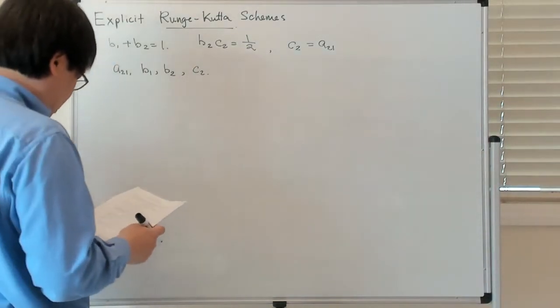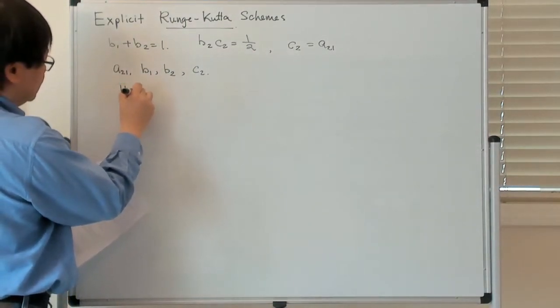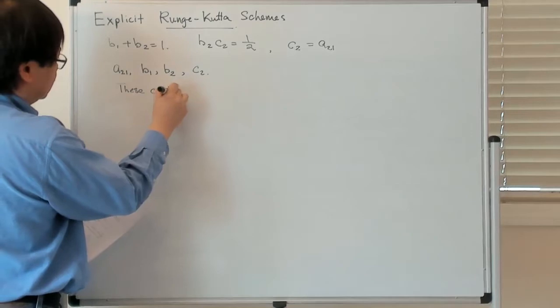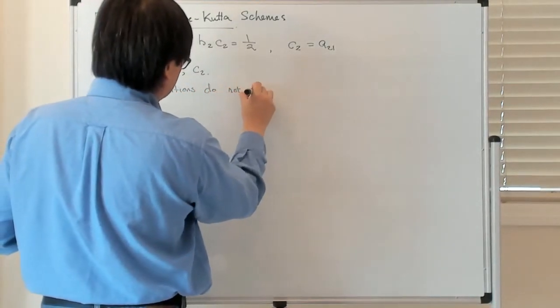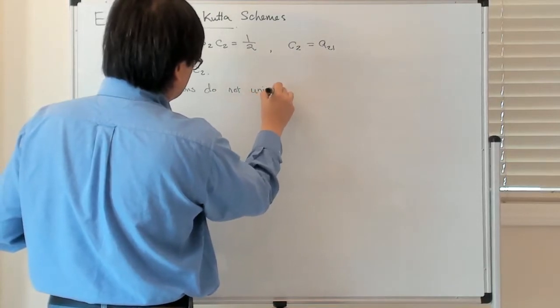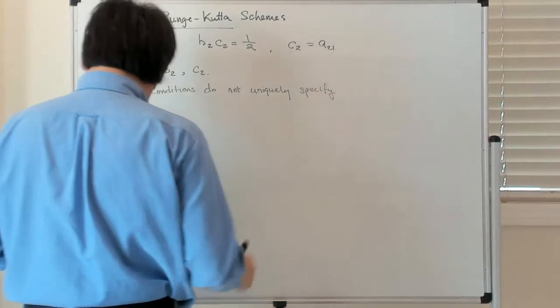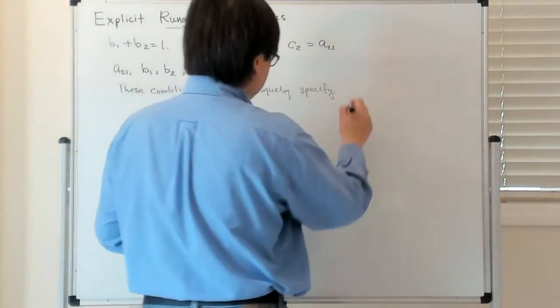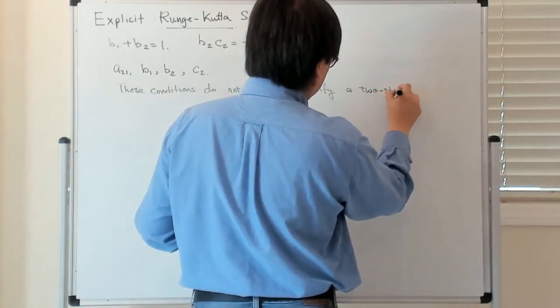Okay? So again, these conditions do not uniquely specify a two-stage explicit RK method.